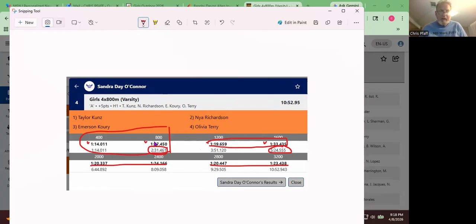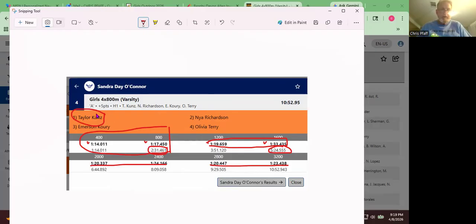Then you just have to make sure that the first 800 in this case really fits this exact athlete, and so on and so forth. That's something you could always check with either Coach Eaton, Coach Williams, or Coach Kubley.